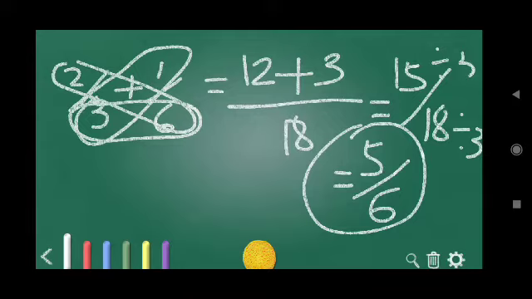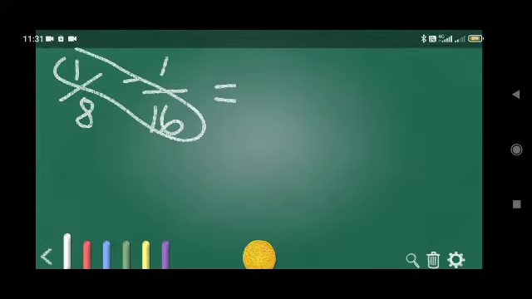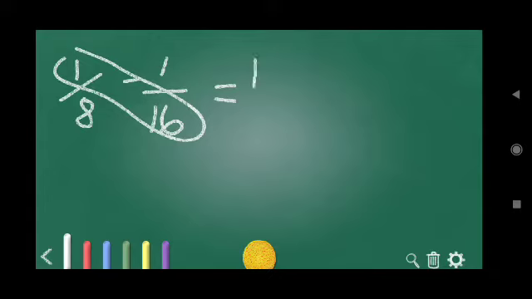Now, the same shortcut method applies if we are going to do subtraction. What about if we have 1/8 minus 1 over 16? So the same process, multiply. 1 times 16, that's 16.